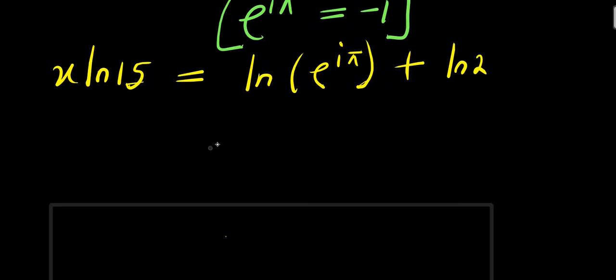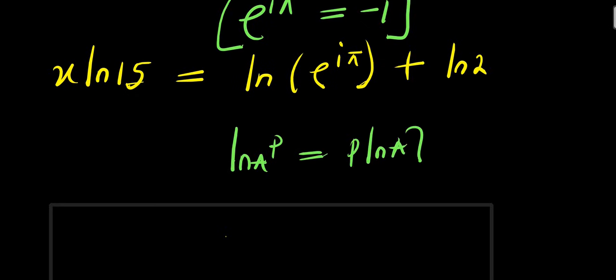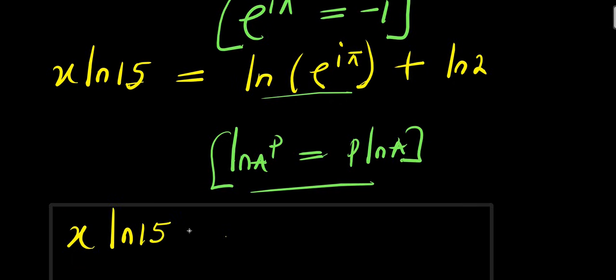And we consider this identity again. Remember, if you have natural log a power p, this equals p times natural log a. Applying this right here, what you are going to get will be x times natural log 15 equals natural log.